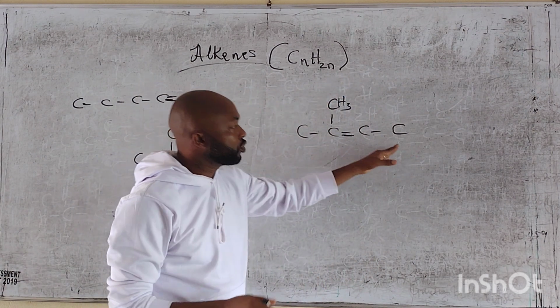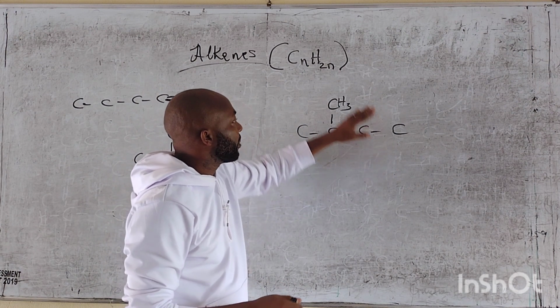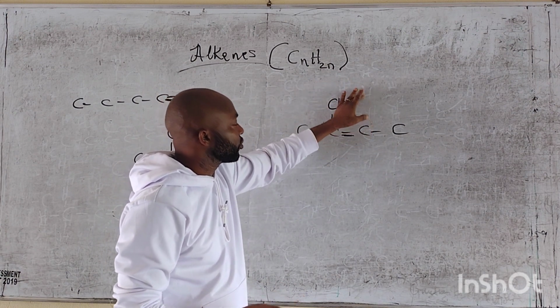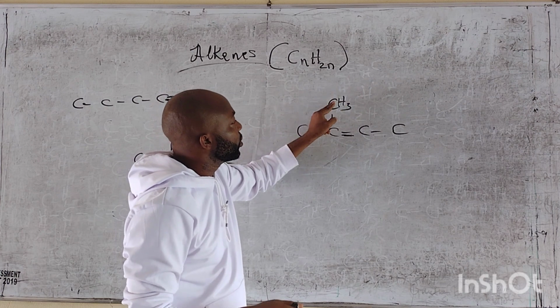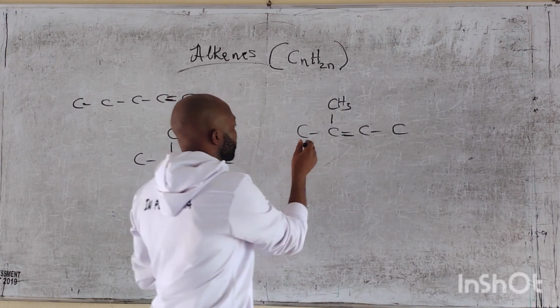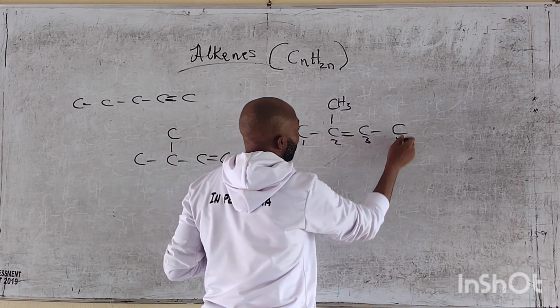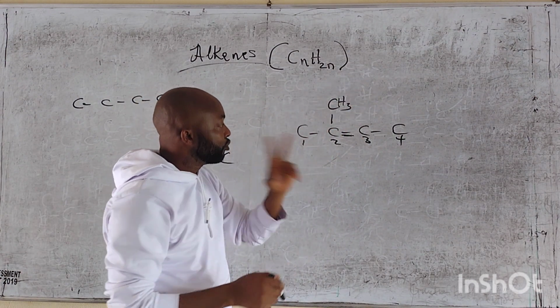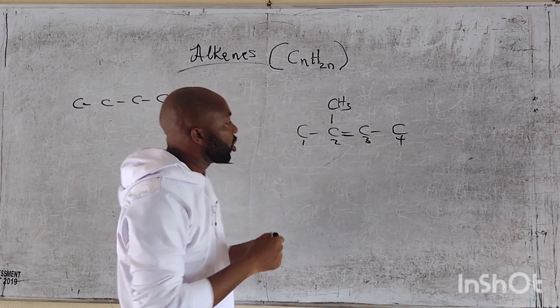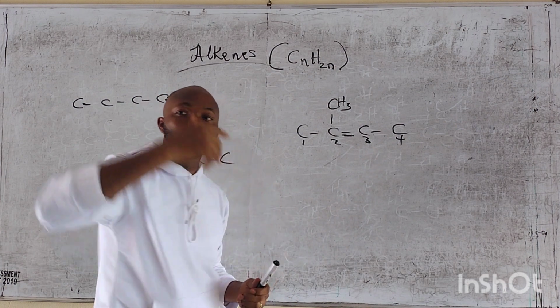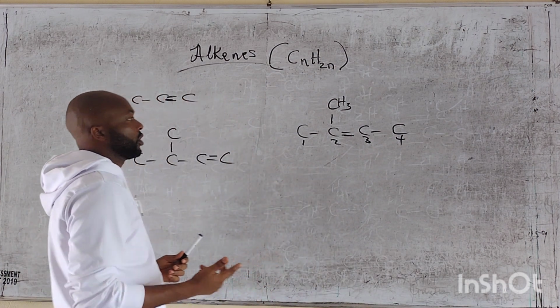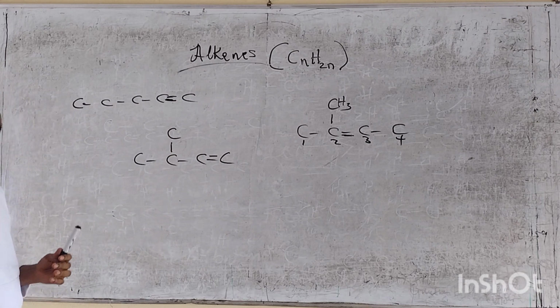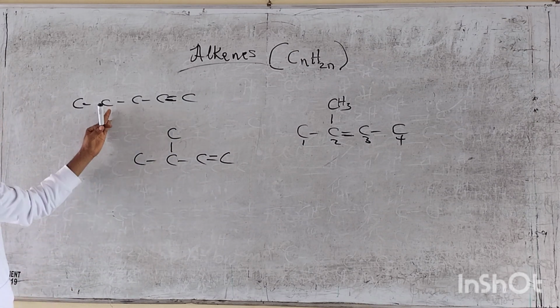Because this is 2-butene. Alright? And the methyl is on carbon 2. So I have 2-methyl, 1, 2, 3, 4. 2-methyl-2-butene. So this is also structural isomerism. We choose the structure to be different.